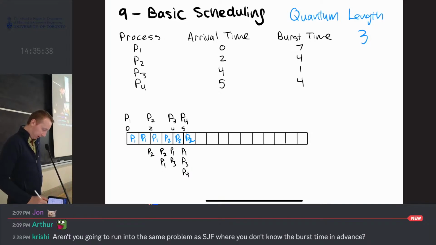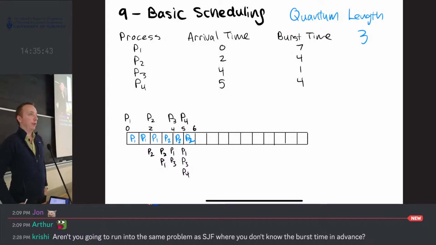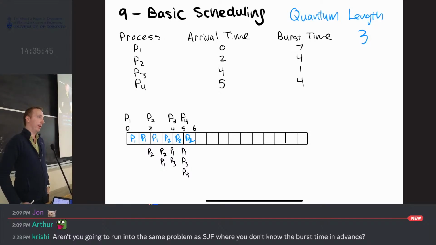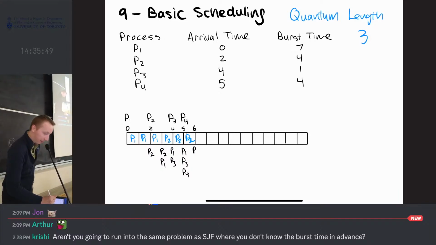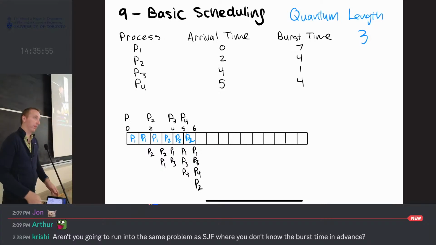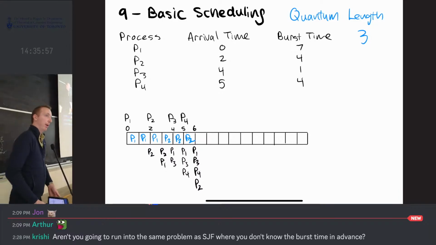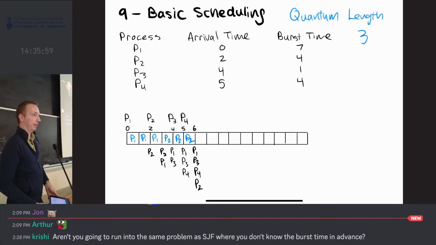So at time 6, P2 would be done executing. It still has time left, so it would get thrown to the back of the queue. And now my queue is going to look like P1, P3, P4, P2. So now what process is the next one to execute?